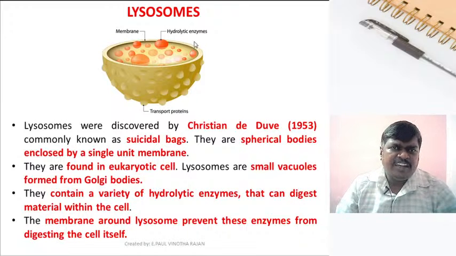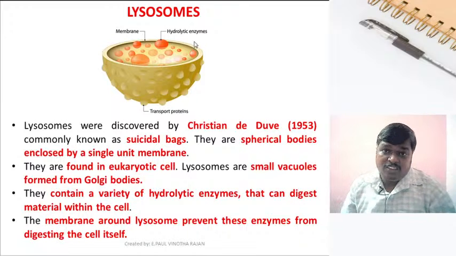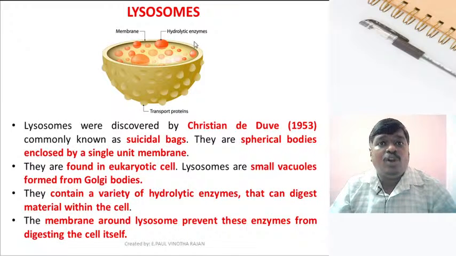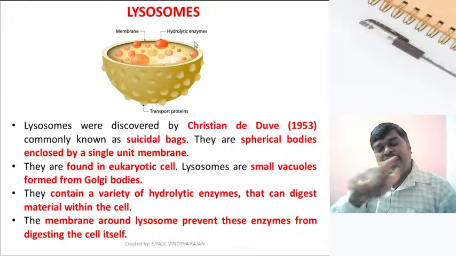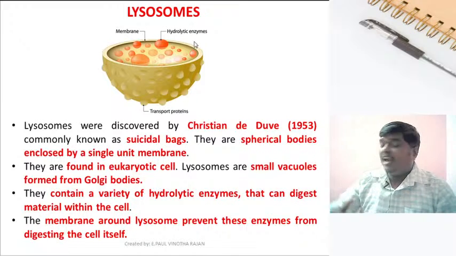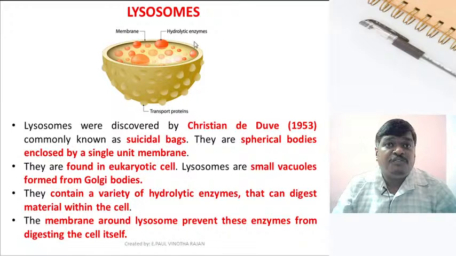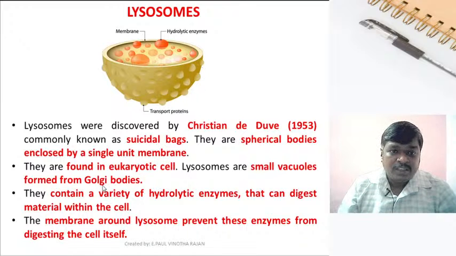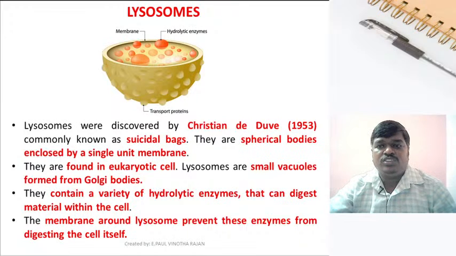In phagocytosis, the lysosome joins with the phagosome and they form phagolysosomes, and only then does the digestion process take place. The digestion or killing of the foreign bodies is done by the lysosomes. That's why the lysosomes are known as suicidal bags.